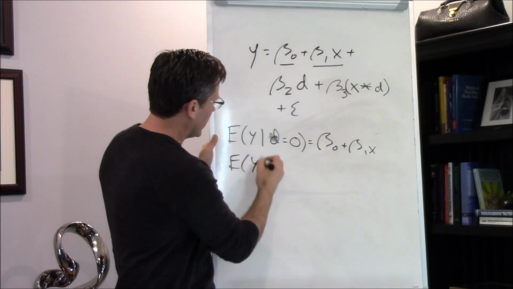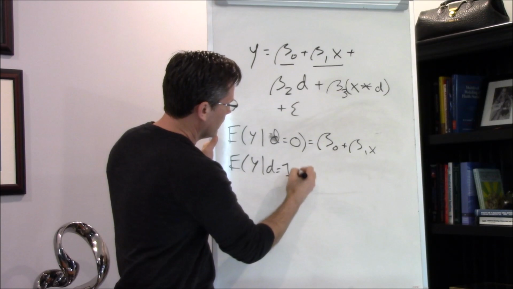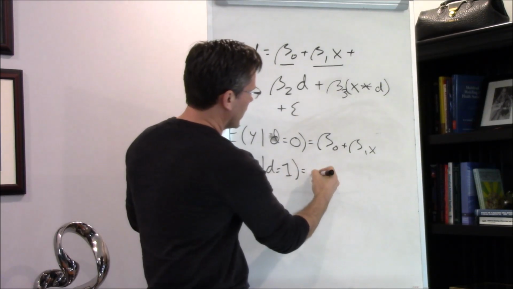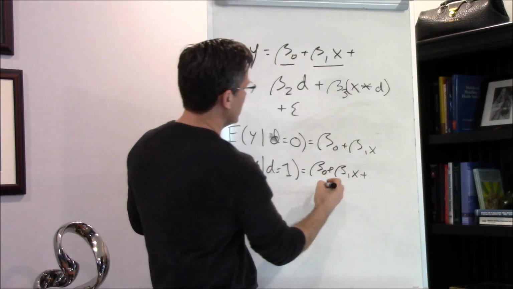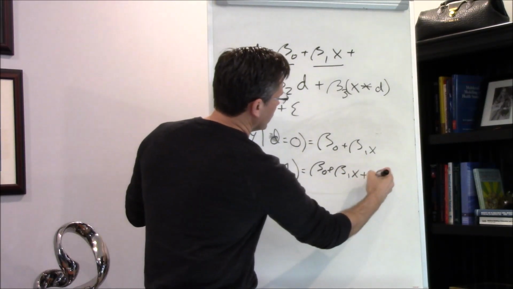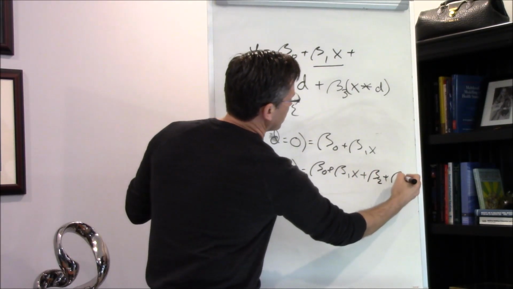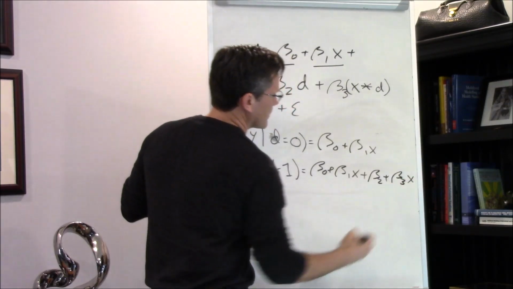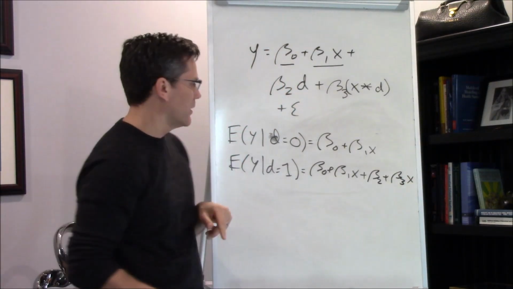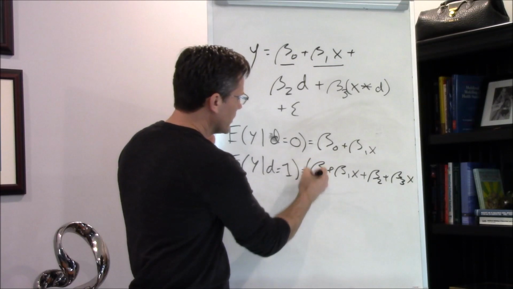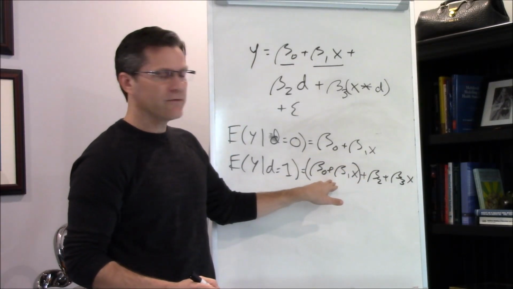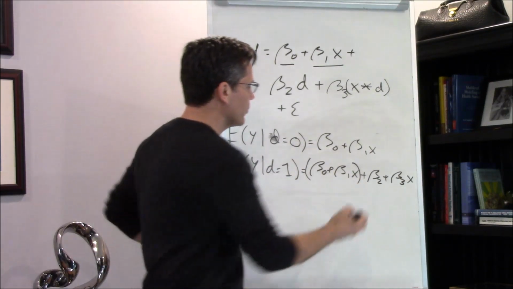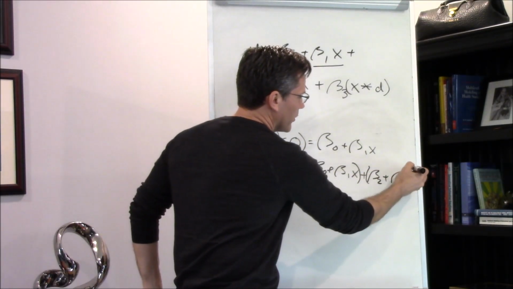All right, well, what if d is 1? Now we're going to have beta naught plus beta 1 x plus beta 2 plus beta 3 x. Notice what's happened: we start off with the line for the reference group, but then we add to it these components right here.